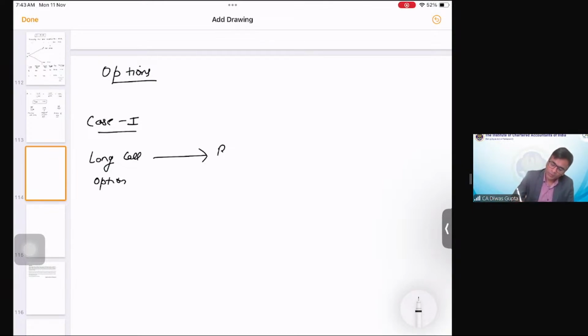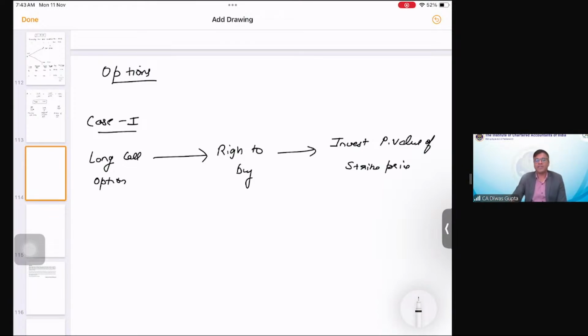So what should I do today? Right to buy is what I've got. But in case I am longing a call option, I've purchased a right to buy. Immediately, I have to invest the present value of strike price.